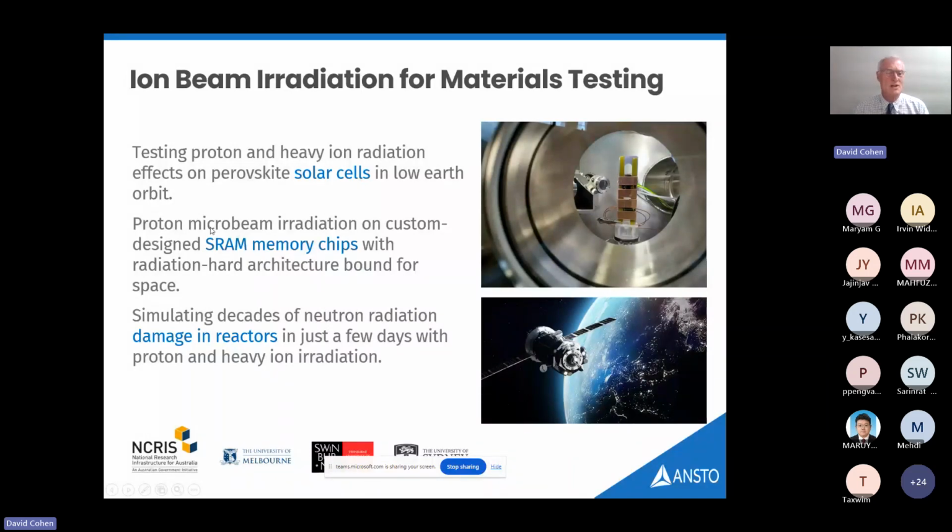And I've already mentioned irradiating SRAM and memory chips with microbeams, and looking at how long memory chips will last in satellites. And we can even simulate neutron radiation damage in reactors by using heavy ions and proton knock-on reactions and things like this. So there's quite a broad range of materials testing and radiation testing that we can do with accelerators.